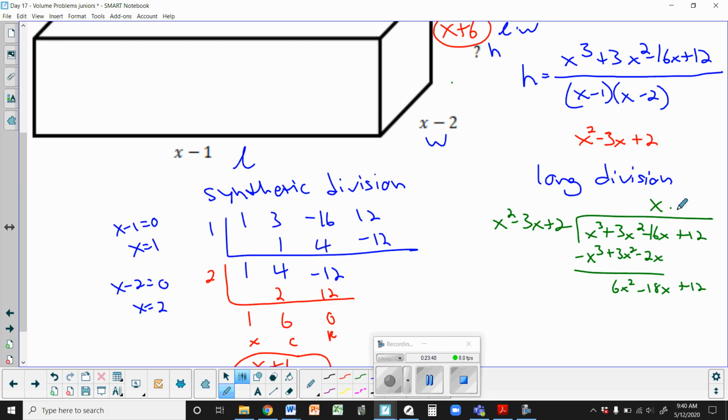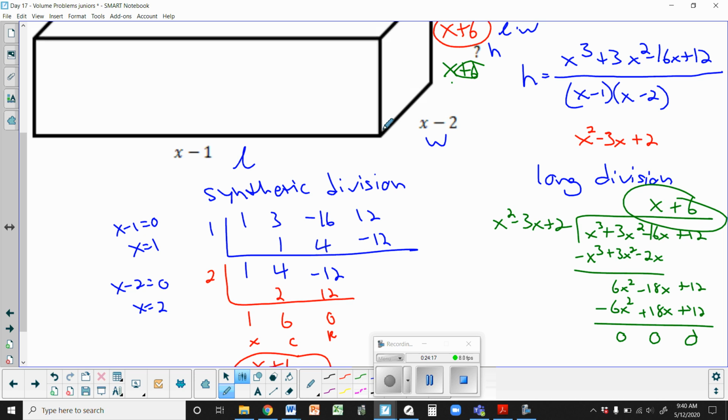So that'll be plus 6. 6 times x squared, and we already know it's going to be 0, but you've got to check this part because what if you made a mistake somewhere and it didn't work out? So be careful of that. 6 times negative 3 is negative 18x. 6 times 2, switch the signs, and we get 0, 0, 0. So x plus 6. Final answer, x plus 6.